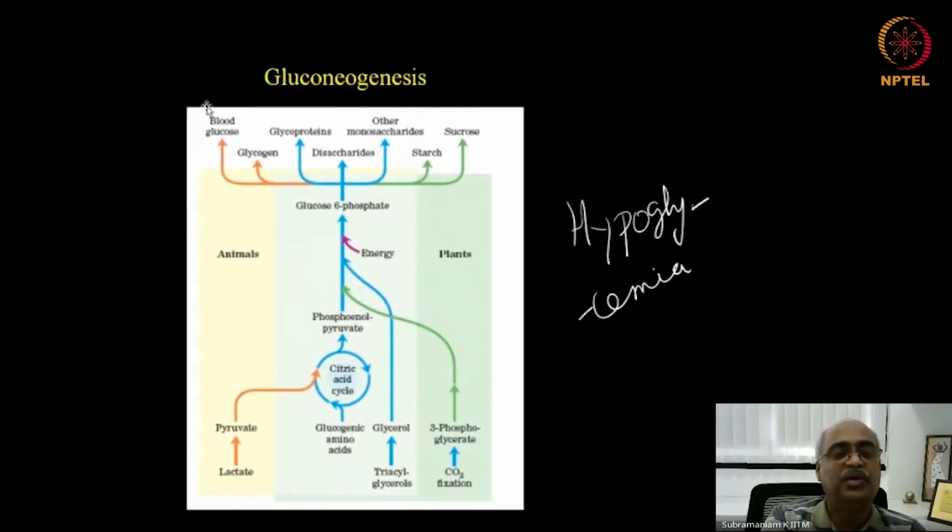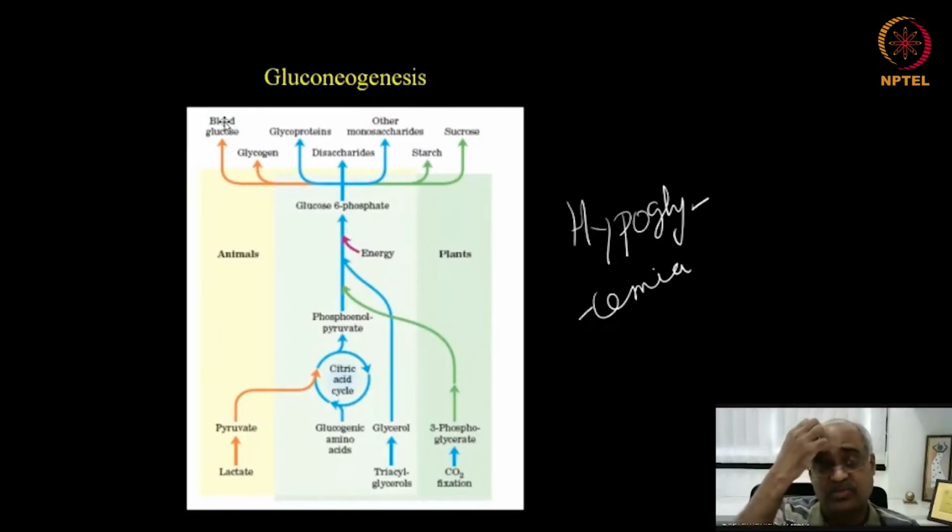An important thing in hypoglycemia is blood glucose. Suppose you are eating only meat and never eat any carbohydrate food, then you are depending on amino acids for producing blood glucose. For example, alanine transamination can generate pyruvate and that can go into forming blood glucose.